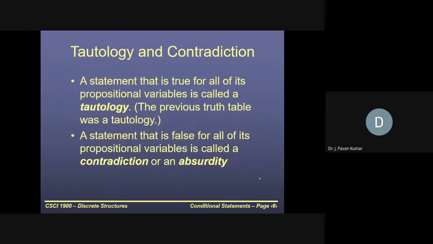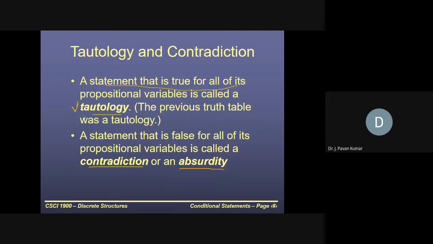Okay. So in the next one it is there. A statement that is true for all of its propositional variables is called tautology. If the statement is false for all the values of all the propositional variables, then we can say it is a contradiction, or another name is absurdity. Next, if a statement is not a tautology, this is a very important question in competitive exams as well.